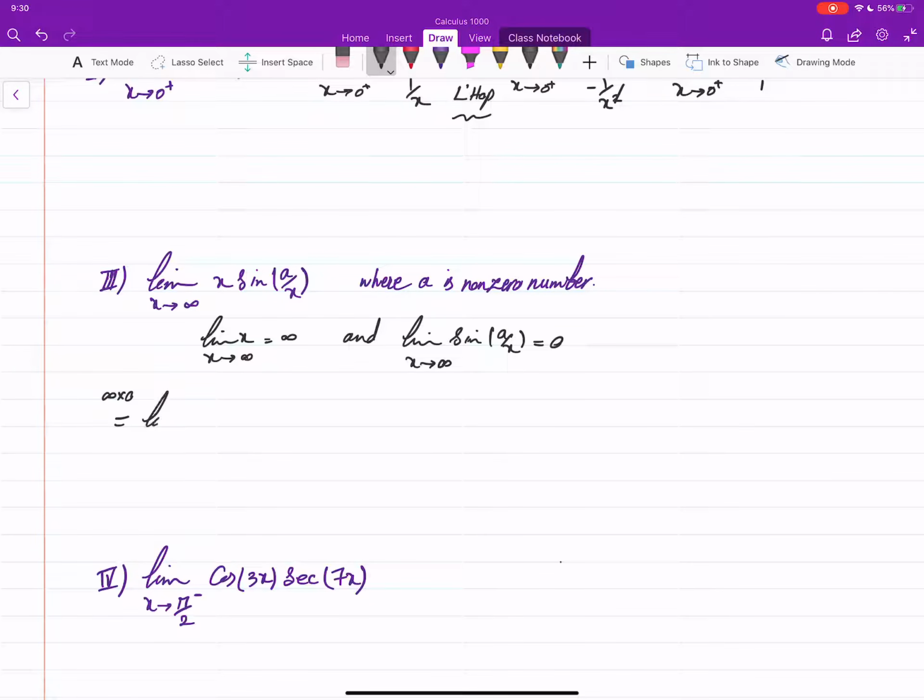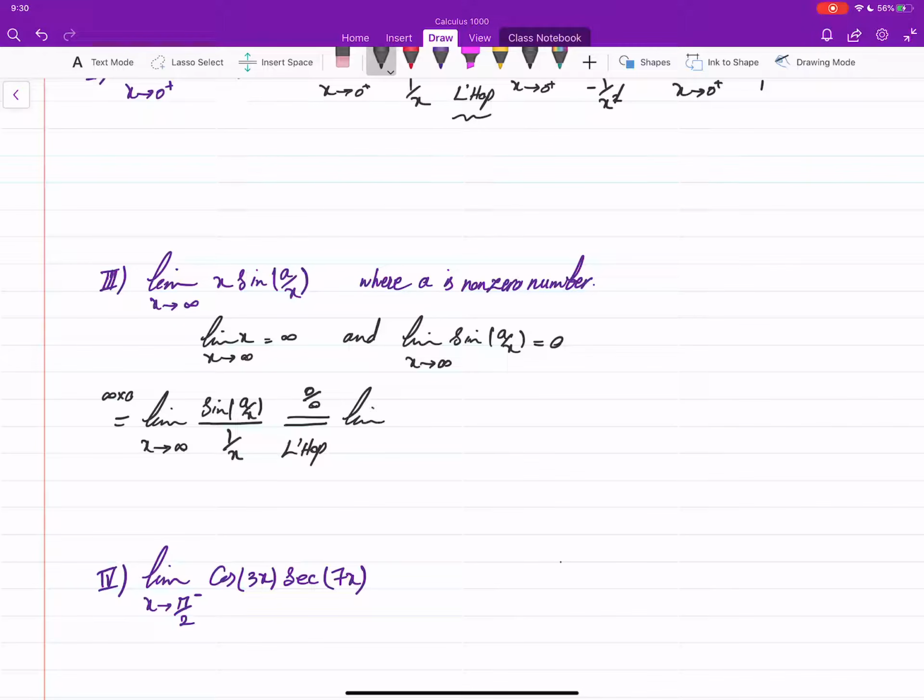And what do we do? We turn one of them into 1 over 1 over. In this case, better to do x as 1 over 1 over x. And then in the numerator, we have sine of a over x as x approaches infinity. Now, if you check this, this will be 0 over 0, and we can use L'Hopital's rule.